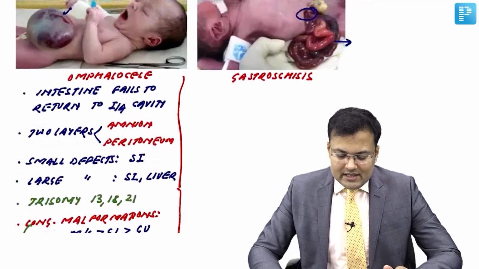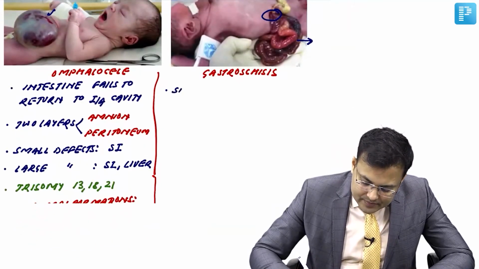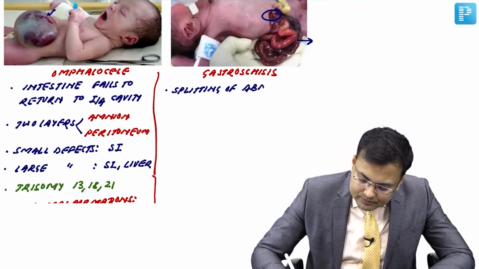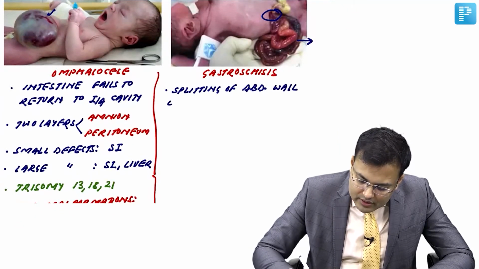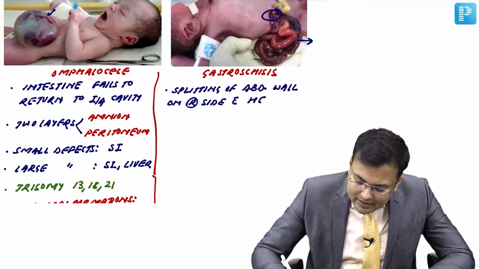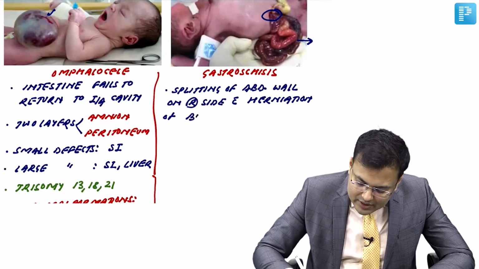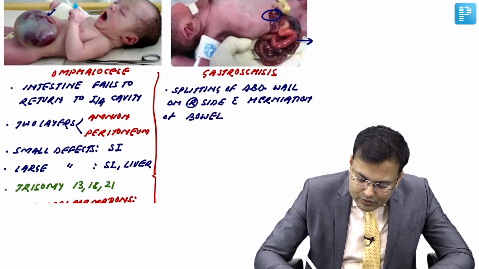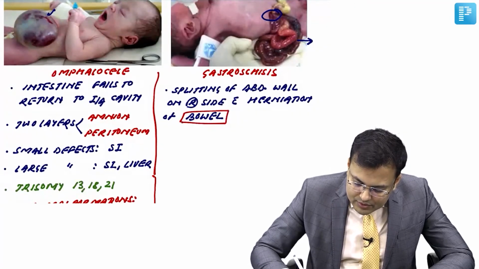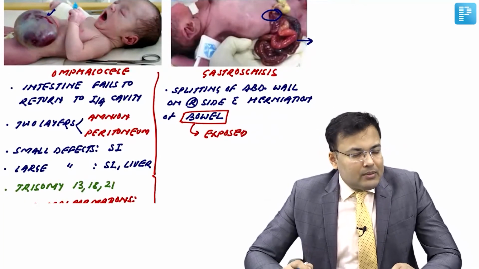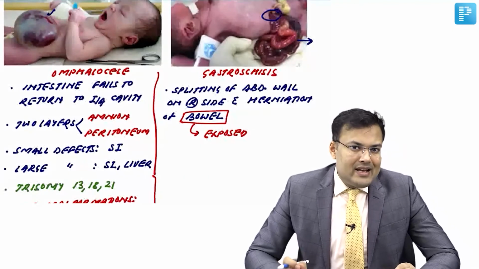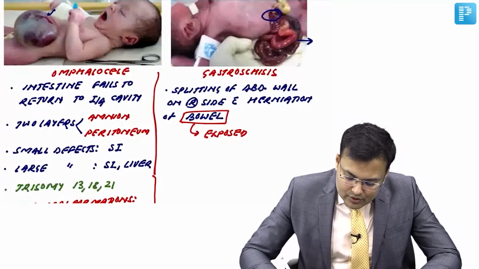Now see the gastroschisis. In gastroschisis, there is splitting of abdominal wall on the right side with herniation of bowel. Is this bowel covered or exposed? This bowel is exposed, and since it is exposed, what's the problem?